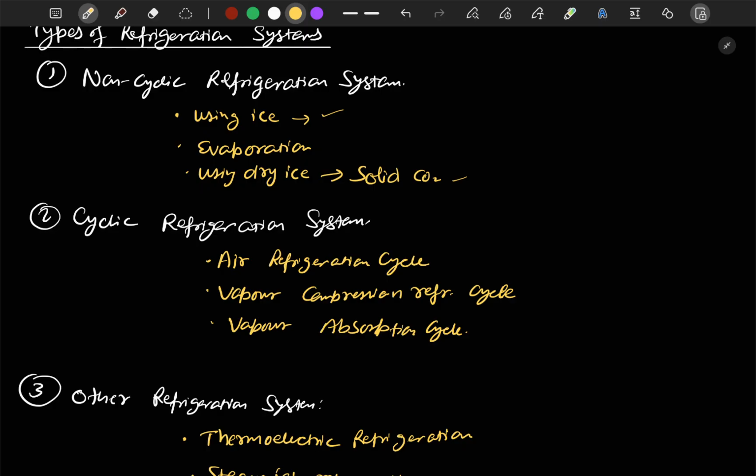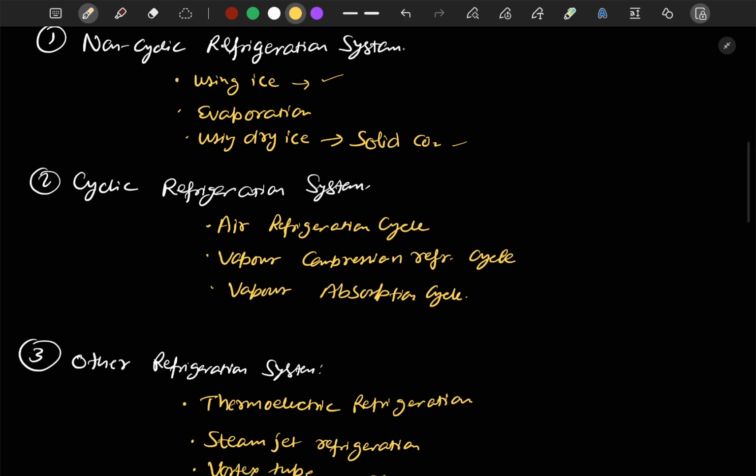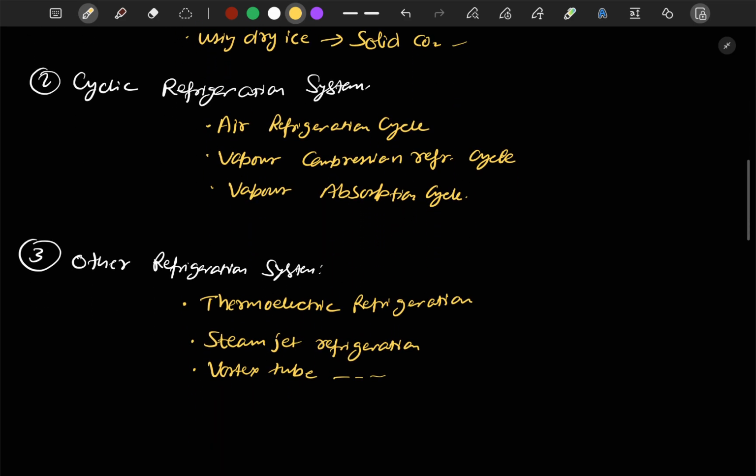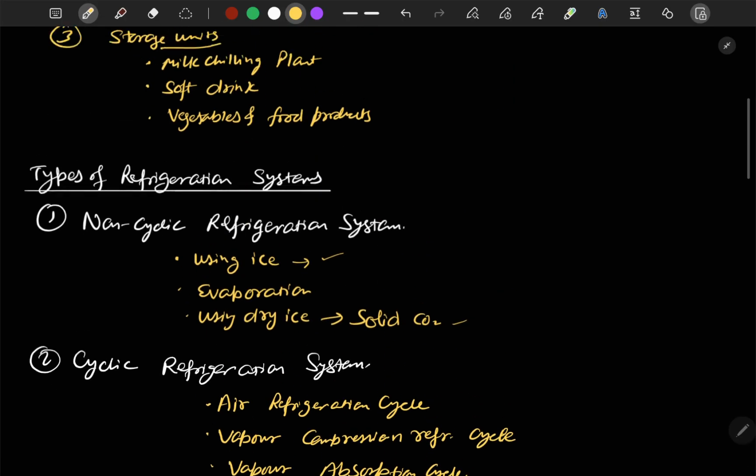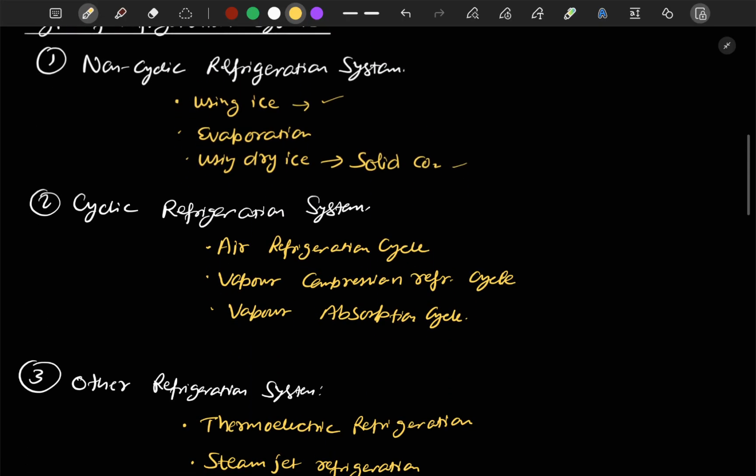Second is the cyclic refrigeration system, which includes the air refrigeration cycle, vapor compression refrigeration cycle, and vapor absorption cycle. The third is all other types of refrigeration systems, collectively called the third type. These are thermoelectric refrigeration, steam jet refrigeration, vortex refrigeration, and many more. With this we have completed our topic, types of refrigeration systems.